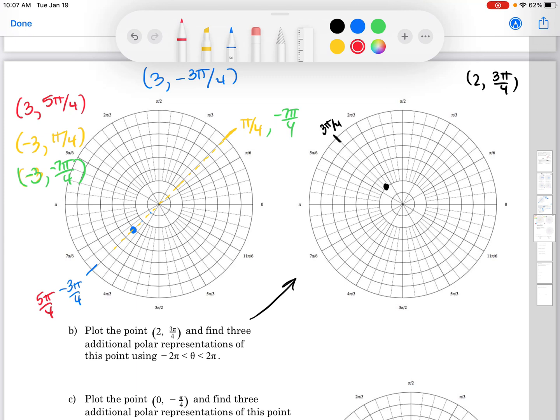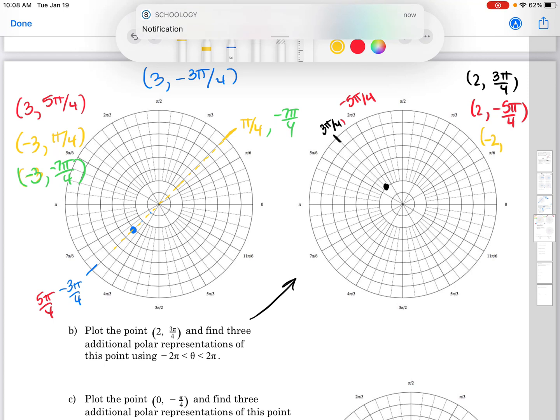One thing that we could do is just get a coterminal angle. So the coterminal angle there, if we take away 2 pi, is going to be negative 5 pi over 4 if we went from the other direction. Okay, so we have 2 comma negative 5 pi over 4. The other thing I can do is think about it as being negative 2, which means I need the angle in the opposite quadrant, which would be this angle right here.